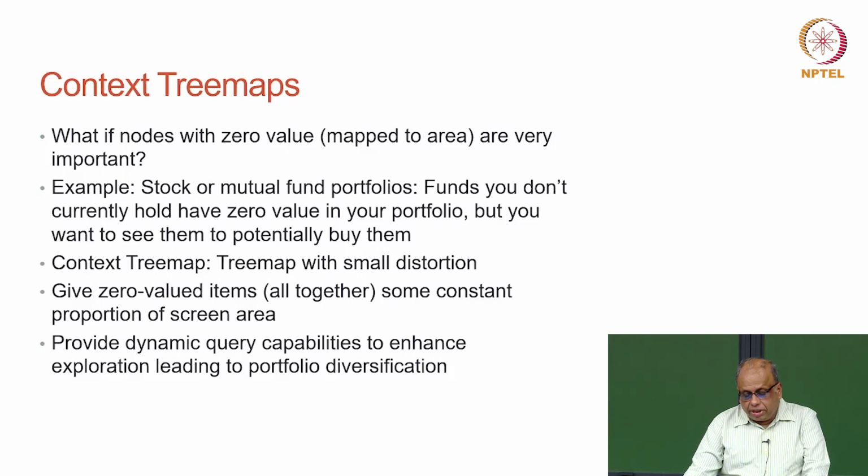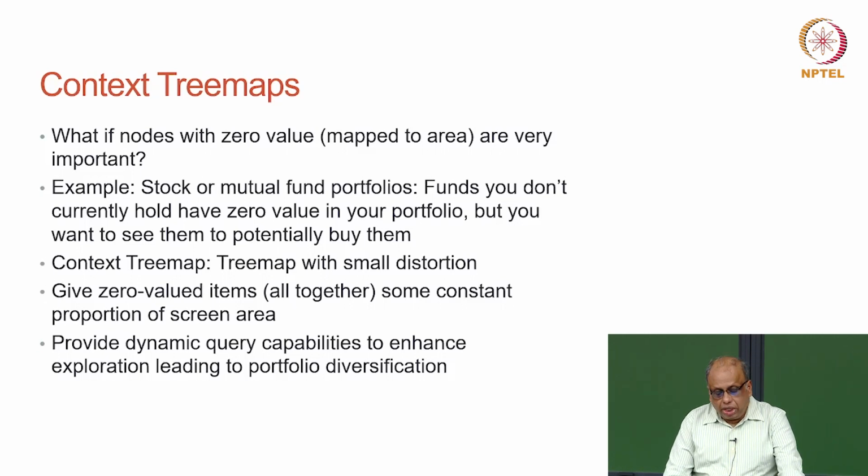So sometimes nodes with zero value may also be important. Some nodes do not have value, but they are still important. So for example, you are showing a tree map for your portfolio, and you have some stocks which you don't have, but you still want to show them in that tree map. So for that, you can have a context tree map, where you give zero valued items some constant proportion of the screen area.